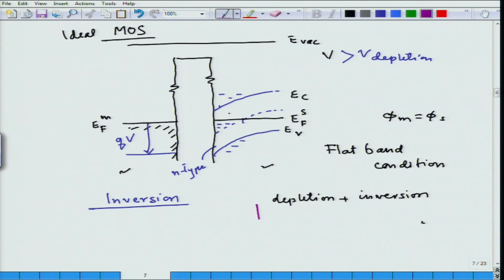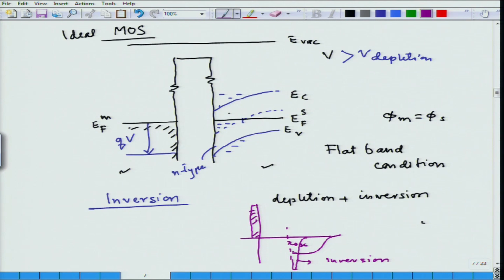At that point, we still have the positive charge on the metal side, and in the semiconductor, in addition to the depletion region, because of the inversion we have free electrons and a charge due to the inversion region.